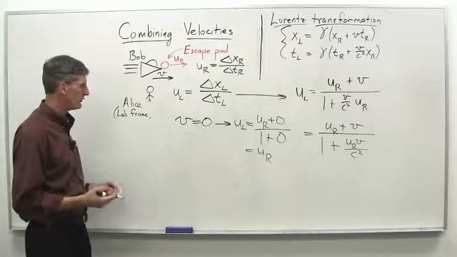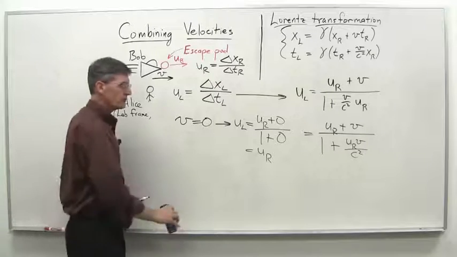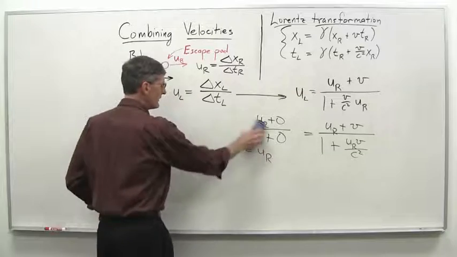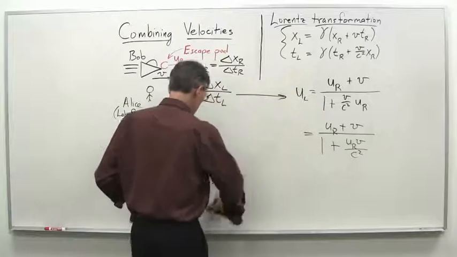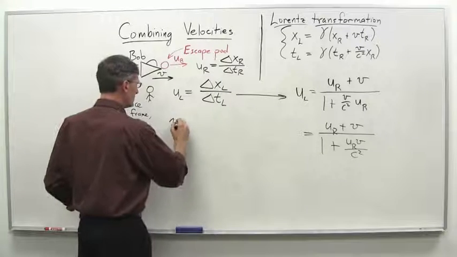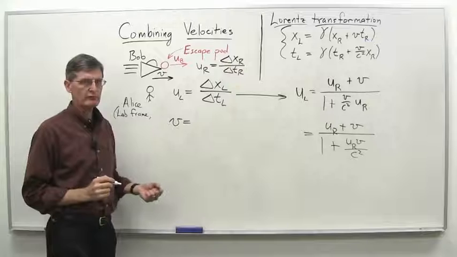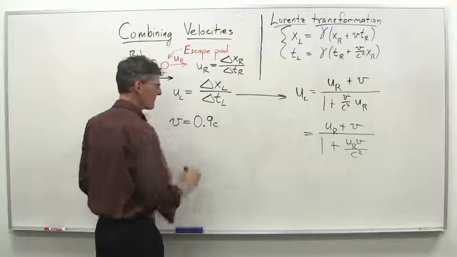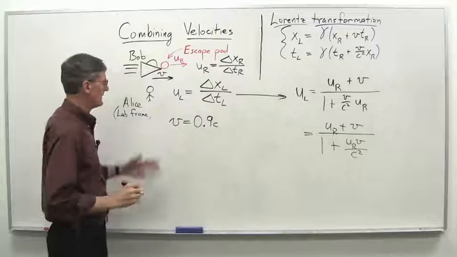So that's good news. Now, though, let's do another case. Let's get up to relativistic speeds and see what happens. Let's say v is 0.9 c, 9/10 the speed of light.